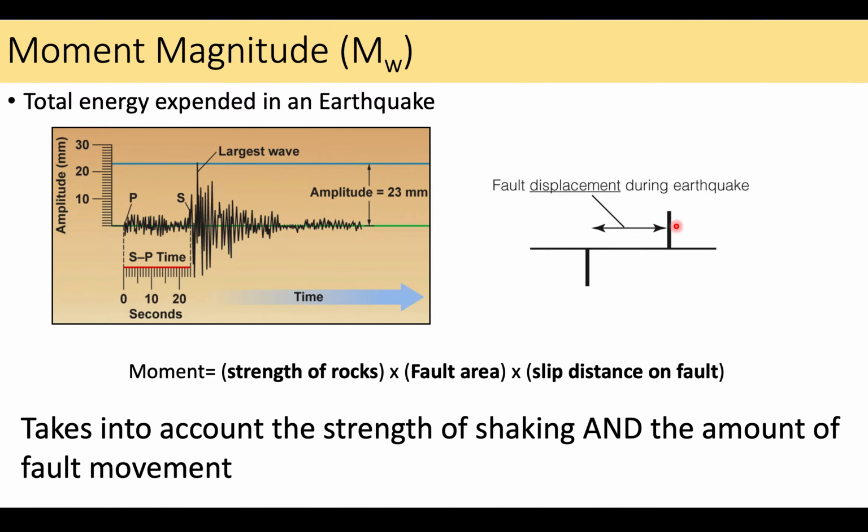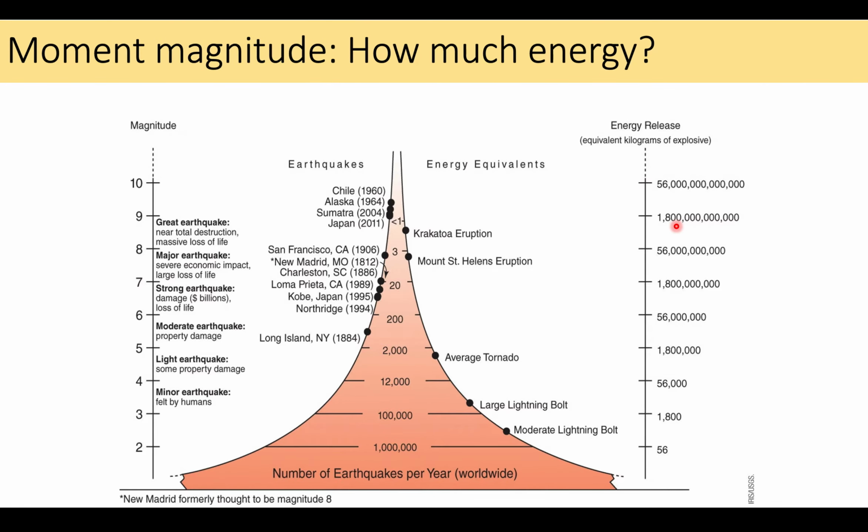This scale takes into account the strength of the shaking and the amount of fault movement. So this kind of looks at both. The moment magnitude is going to look at the whole earthquake, not just a piece of it. And with the moment magnitude scale, we can translate that into how much energy was released.